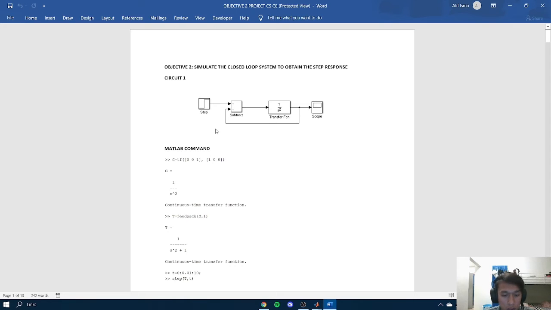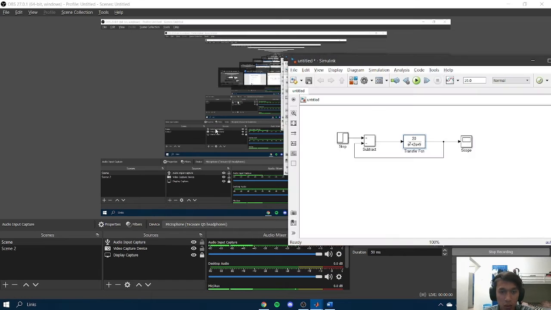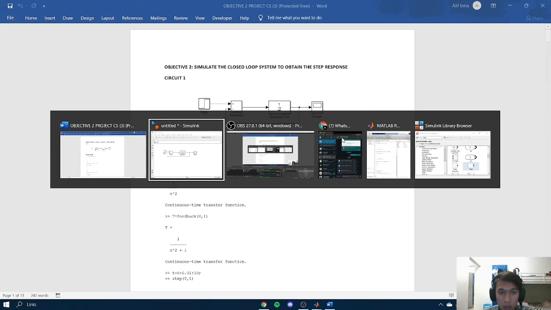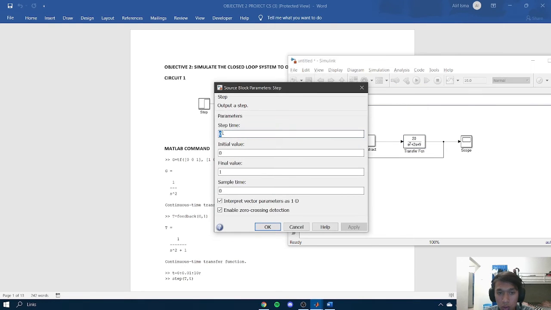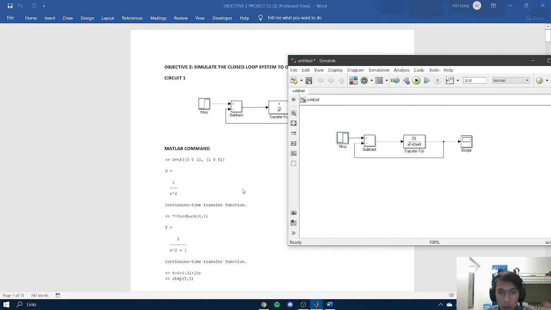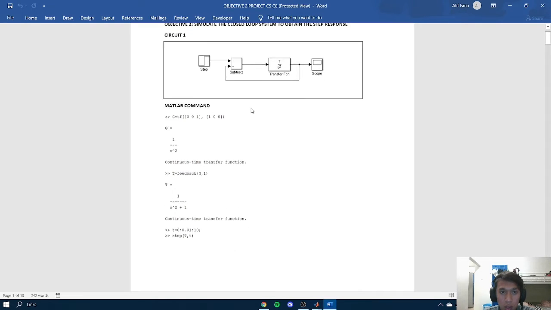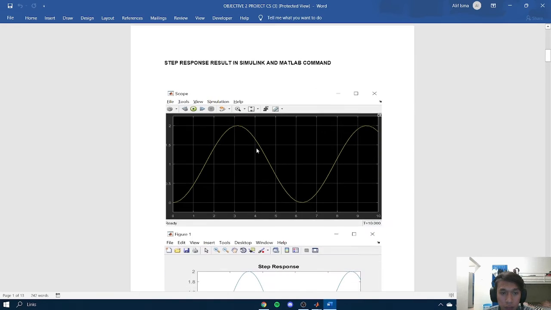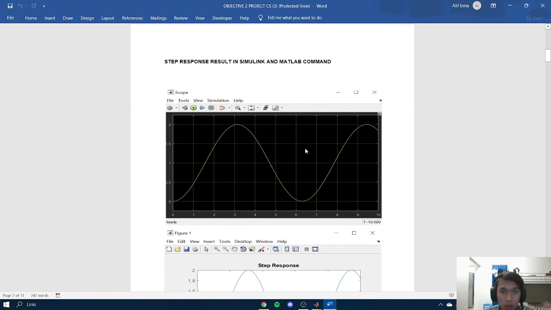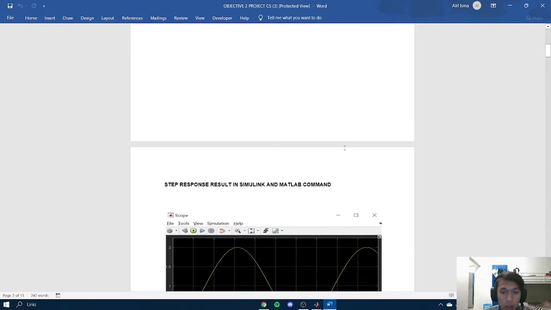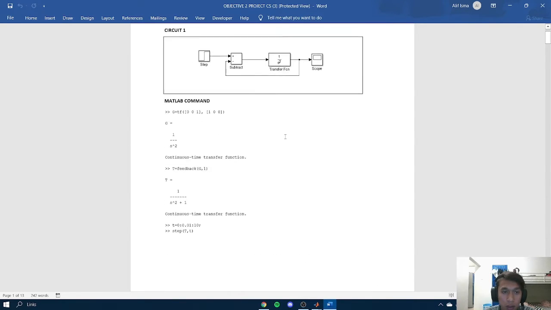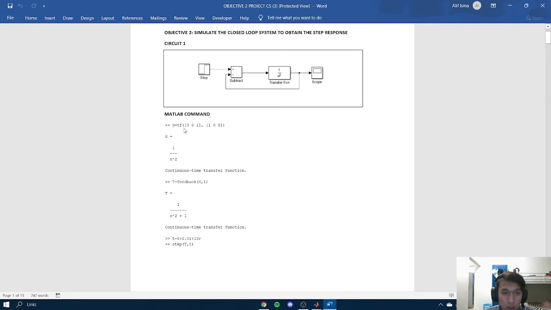For step, you need to change to 0, 0, 1, 1, 0 and then click apply and then OK, and then click run and then click on the scope, and you will get the graph here in Simulink.